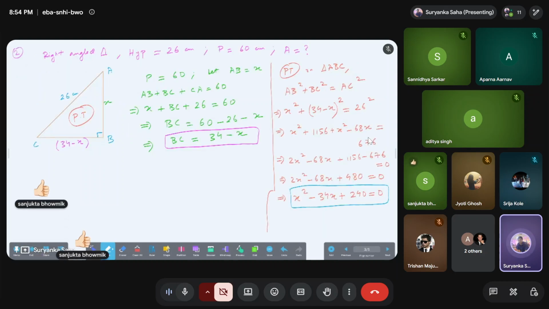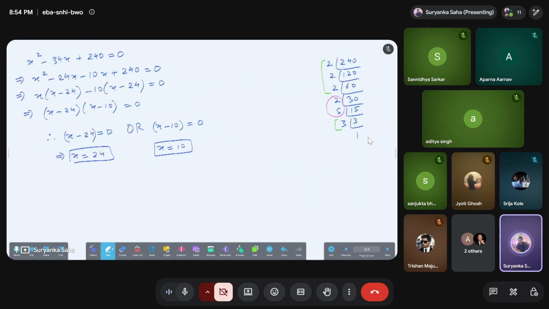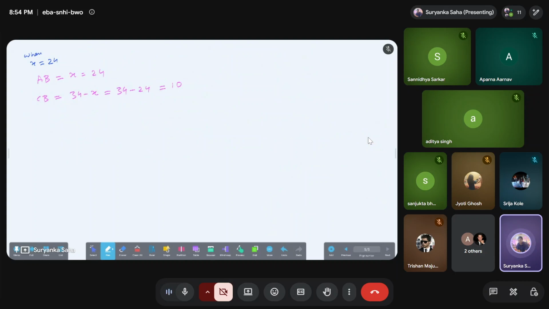Okay, next, what will happen? What are they asking for? They are asking for area.